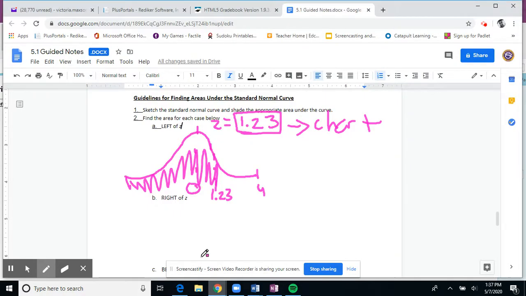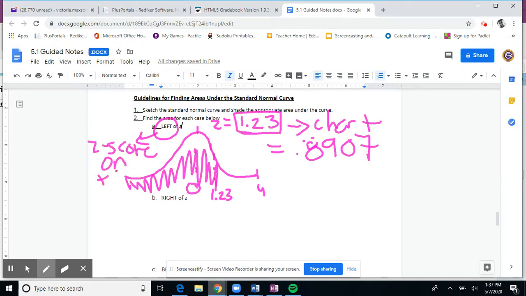That would be our answer, 0.8907. Anytime we have to the left, that means the z-score on the table will give us the answer.